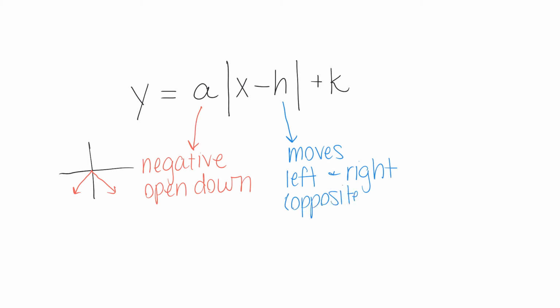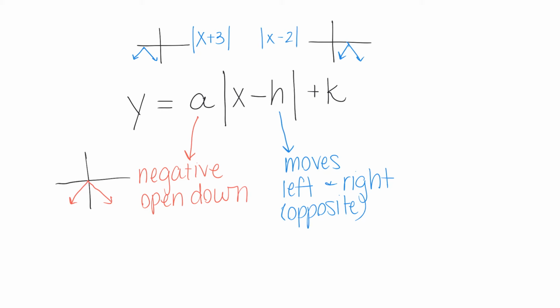just like in quadratics. So what I mean by that is if you have x plus 3, you're going to move to the negative 3, right? Opposite. And if you have the absolute value of x minus 2, you're going to move over here, right? Just like in quadratics.